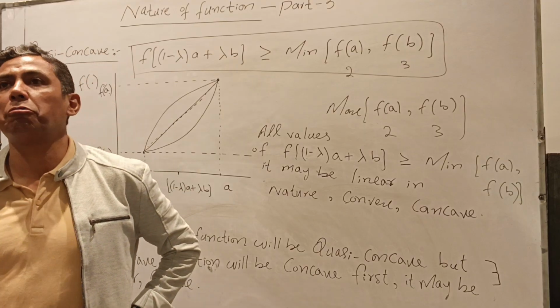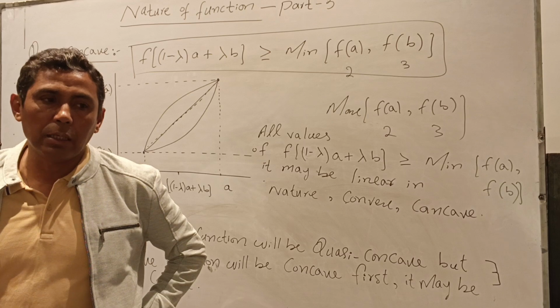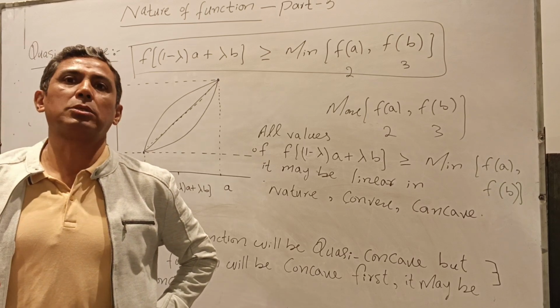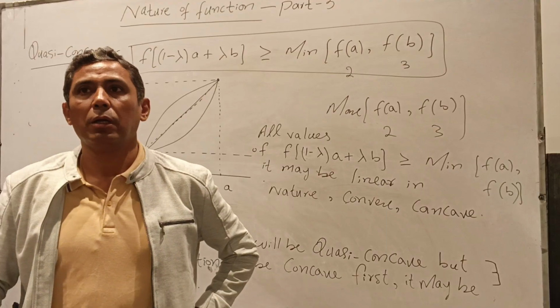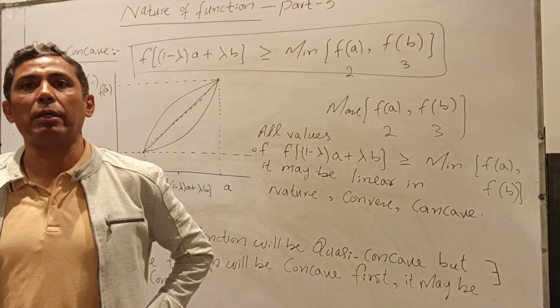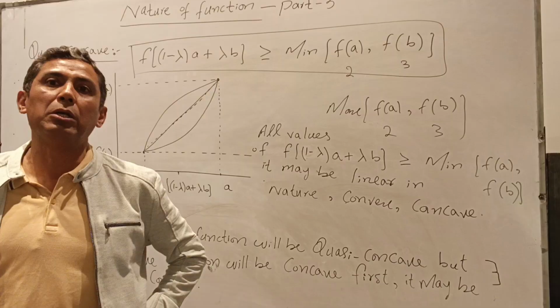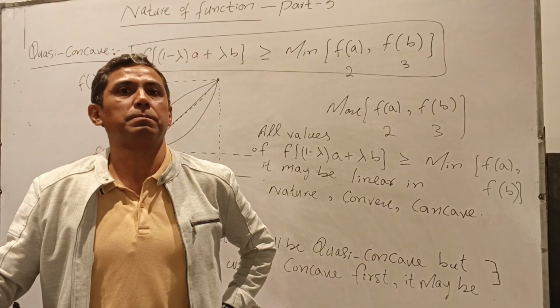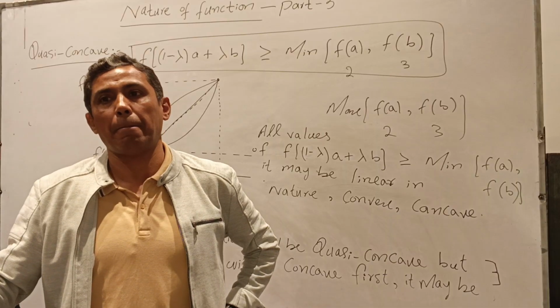Acha, another important thing, why are we assuming here that our function is quasi-concave? Look, quasi-concave and quasi-convex are weaker notions. Note that down. These are the weaker notions for optimization.